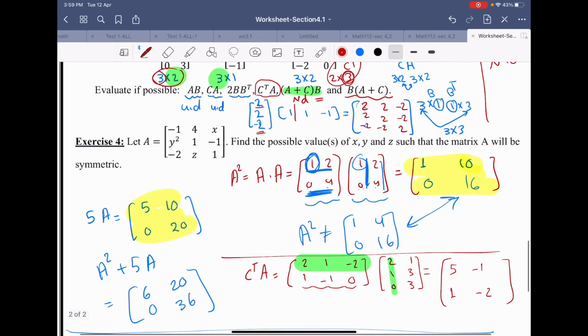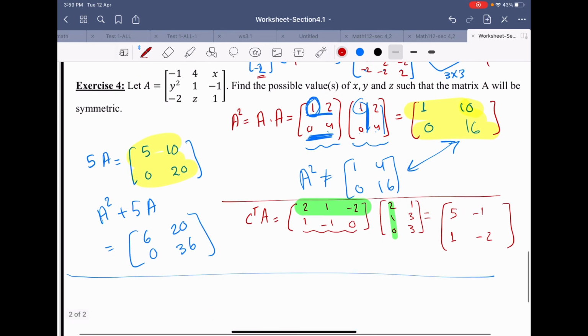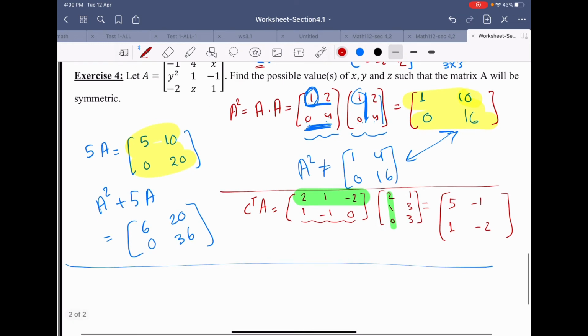Okay, now question 4. We have matrix A. Find the possible values of x, y, z such that the matrix A will be symmetric.